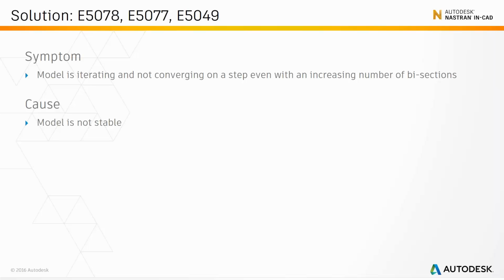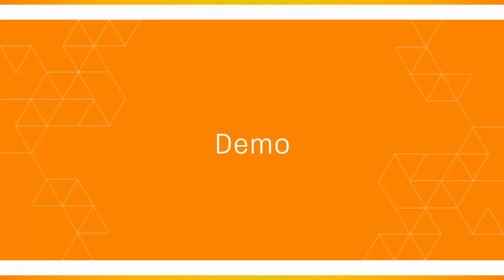So again, this really comes back to looking at your model and making sure that it's stable. In this instance, go back and look at your contacts and constraints, which are a large focus of this webinar. So let's have a quick look inside of Nastran In-CAD.